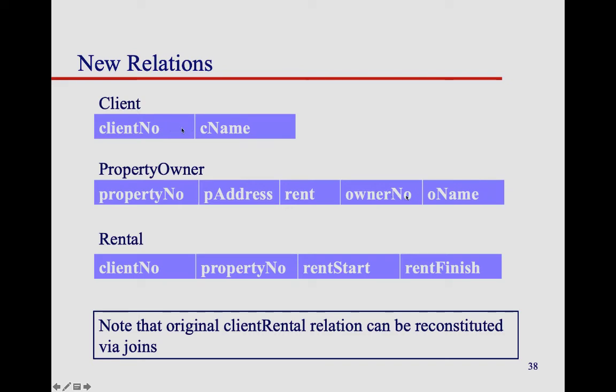We still have owner information sitting in property owner. So we still haven't gotten every entity into its own relation. Okay? So that is what we do when we take second normal form to third normal form.